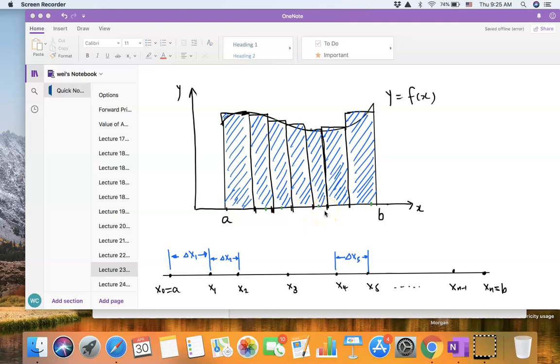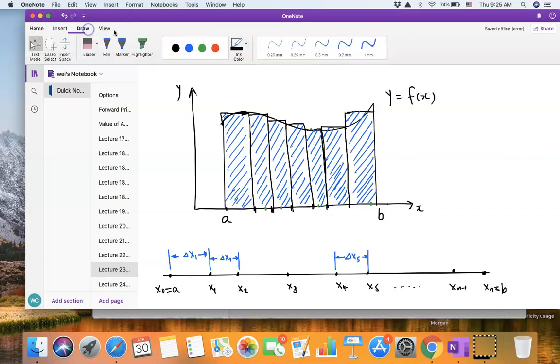Now the second thing is how I construct the height of each rectangle. For the first rectangle, I'm using the right endpoint method, so the height equals the function value at this point. For the second rectangle, I'm using neither the left point nor the right point.